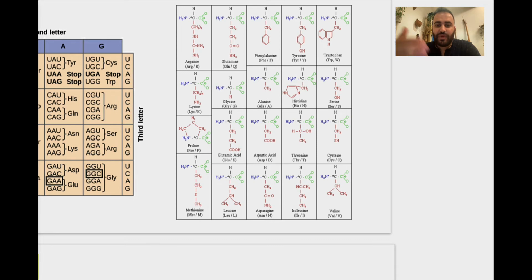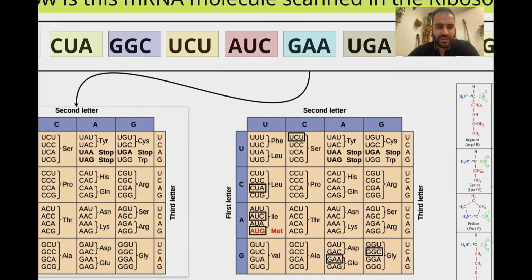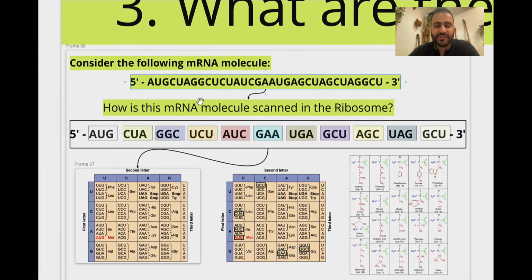Now, since we have 20 different types, those 20 types are used in a certain sequence, a certain order, in order to make a unique protein. So what is the function of the messenger RNA in this process? The messenger RNA is going to decide which amino acid is going to be the first, which amino acid is going to be the second, and so on, until we produce what we call a polypeptide.